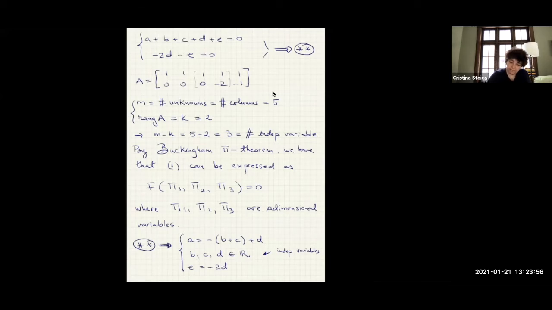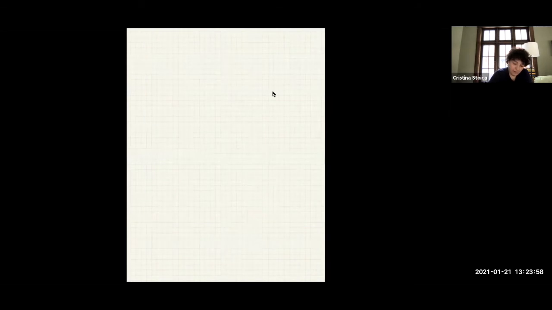Okay, so let's see. So we have A equals minus B plus C plus D. I'm writing again the solution. B, C, D are the independent variables, and E is minus 2D, okay? And remember, we had H at A, right?